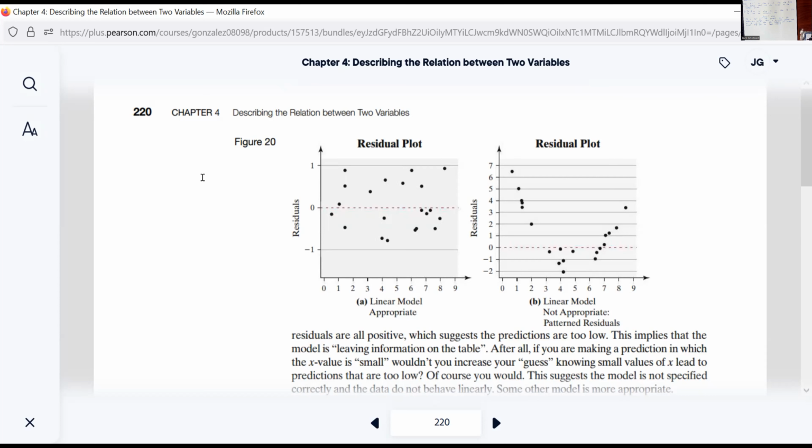This data can be modeled by different types of functions, it doesn't have to be linear, but we're studying linear right now. So if you see anything like that, it's not good. Is that clear? That's what we said in words, and that's the visual.